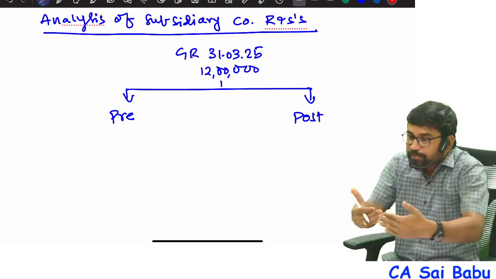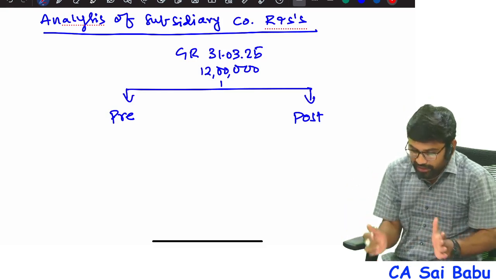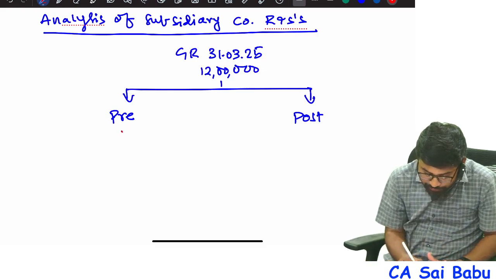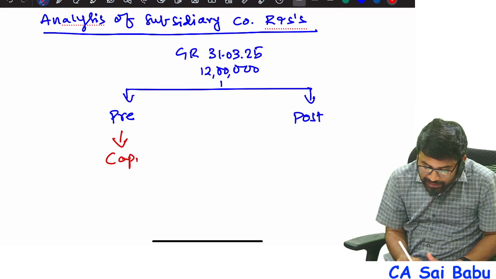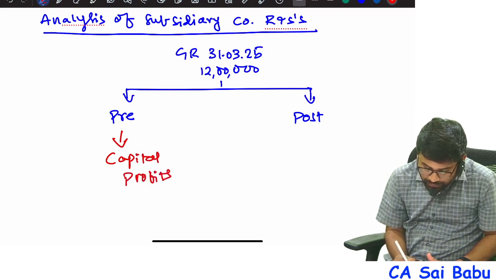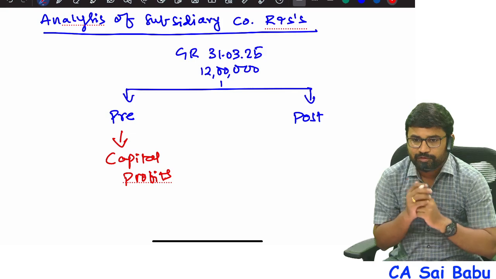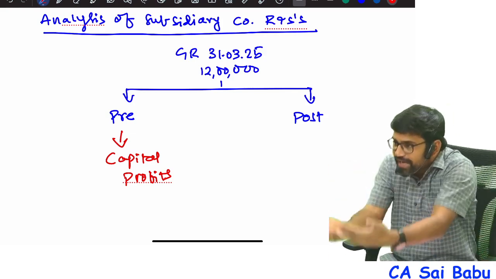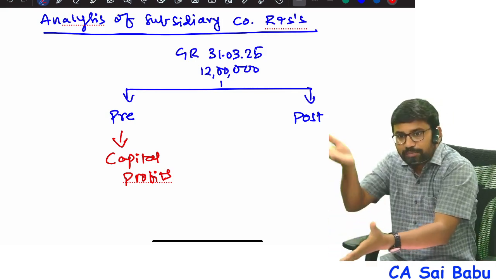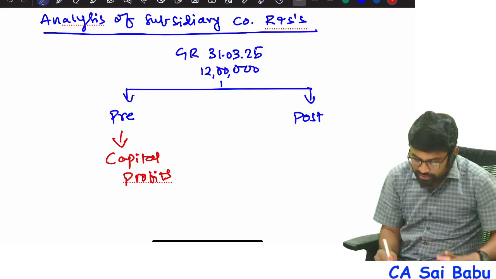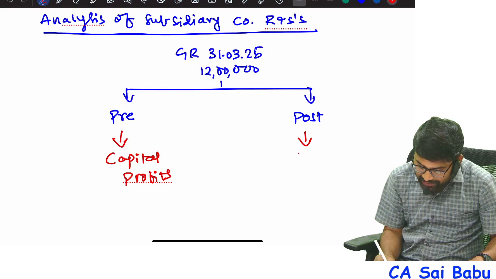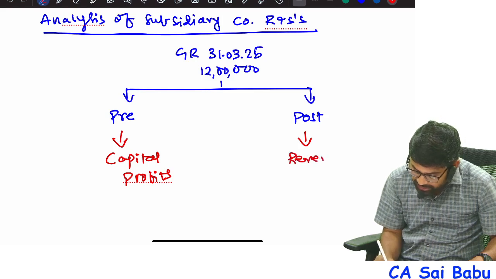So whatever profits are there in the subsidiary company, from the parent company's point of view, these are capital profits. All pre-acquisition profits are capital profits. After I made the investment, whatever profits are earned by the subsidiary are called post-acquisition profits. These are my revenue profits.